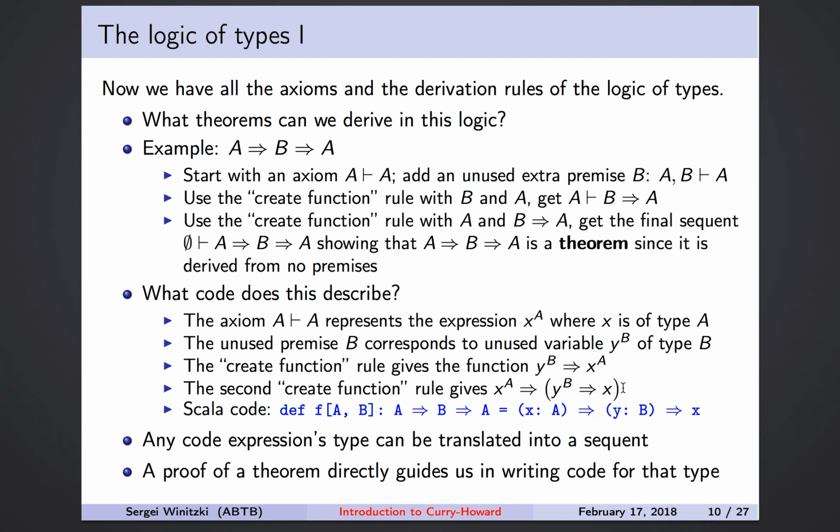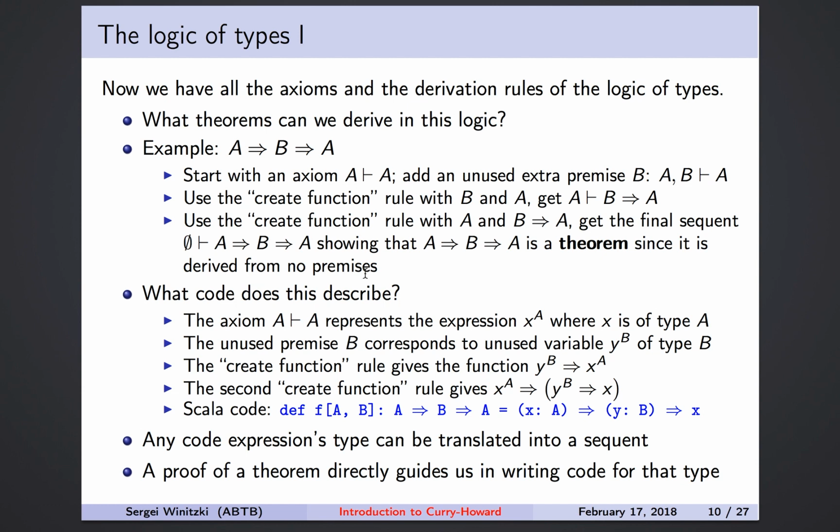This expression does not need any variables defined outside it, and it represents the sequence with no premises. That's the same thing. So no premises in the sequence means this expression does not need any values defined outside it. So that's it. The Scala code is exactly this. This is the entire Scala code of this function.